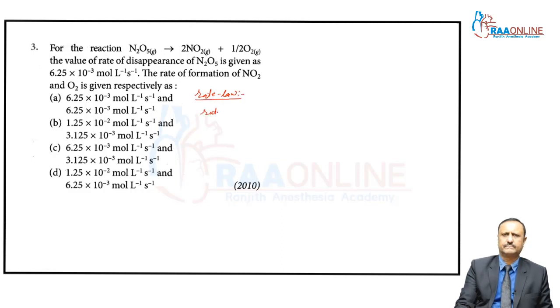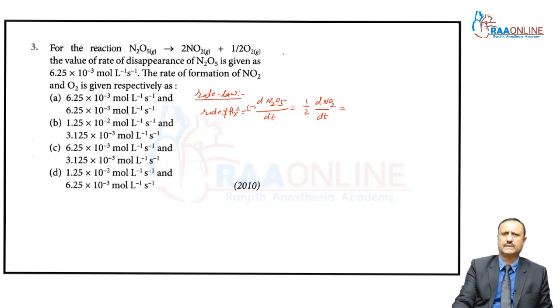Rate of reaction: for this reactant, no stoichiometric coefficient is present, that is why you only put d[N2O5]/dt, and a negative sign is present because it is a reactant. Now, it is a product, so for the product you put 1/2 into d[NO2]/dt.